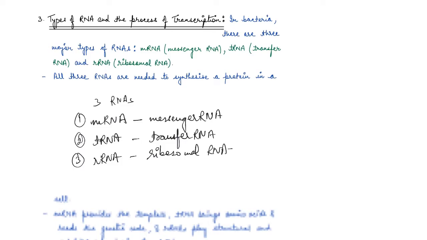Now, all three RNAs are needed if we want to synthesize a protein in the cell. Remember, all three are needed to synthesize protein.